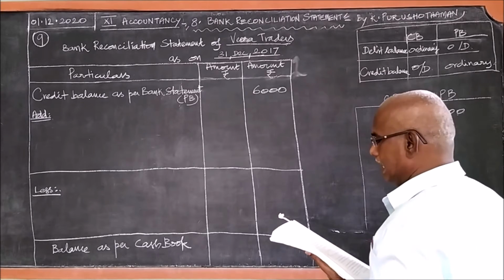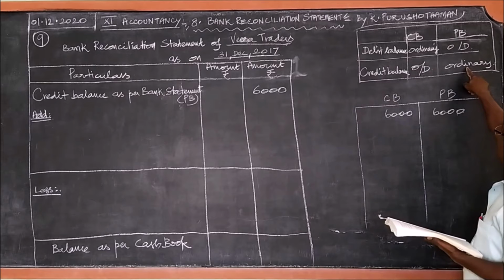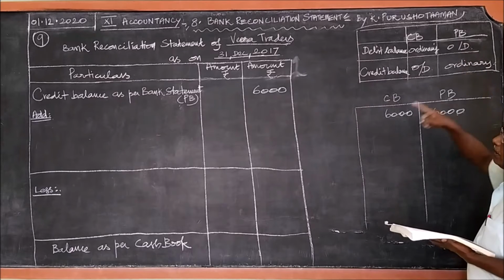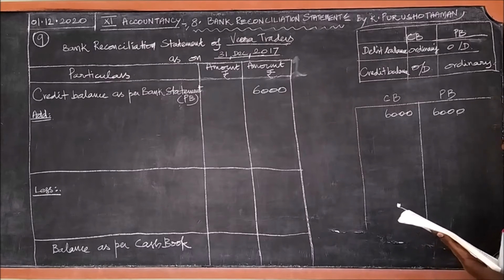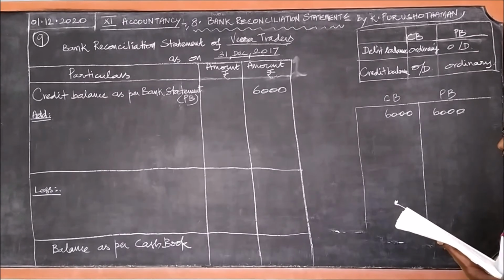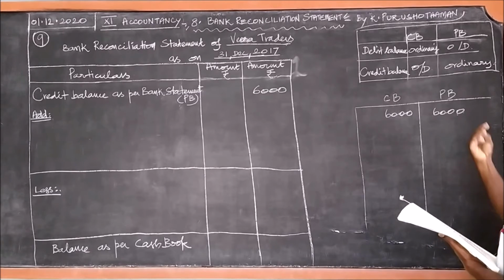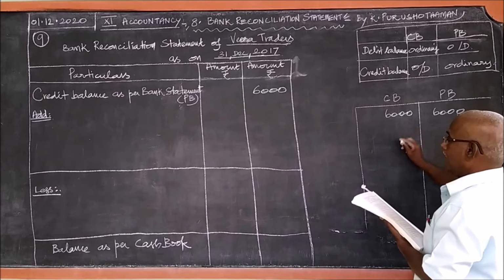Since this is a credit balance as per bank statement, credit balance is an ordinary balance in the passbook, therefore I have written that. Then the first item, amount received by bank through NEFT for rupees 3,500 entered twice in the cash book.